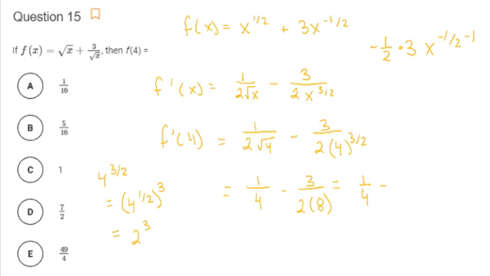So 1/4 minus 3/16 is equal to 4/16 minus 3/16, which equals 1/16. Our answer is A.